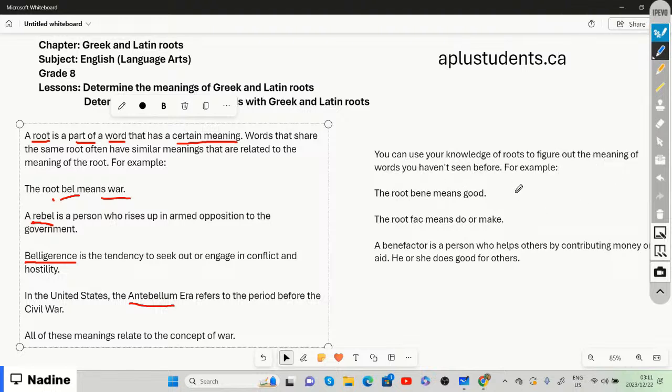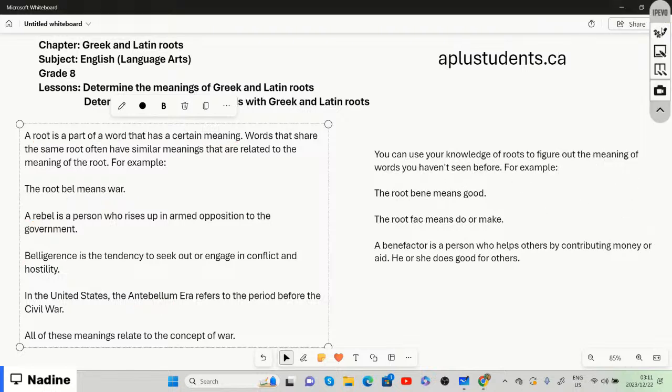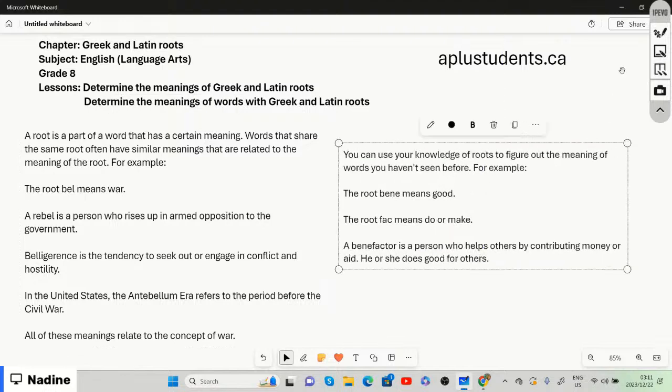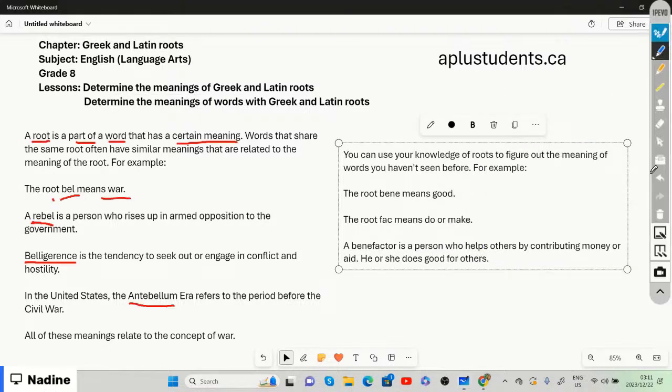So we can use the knowledge of roots to figure out the meaning of words that you haven't seen before.